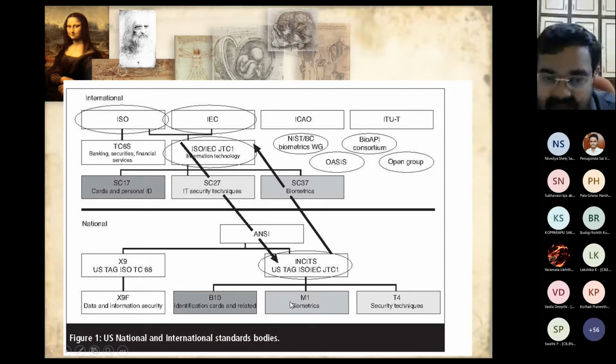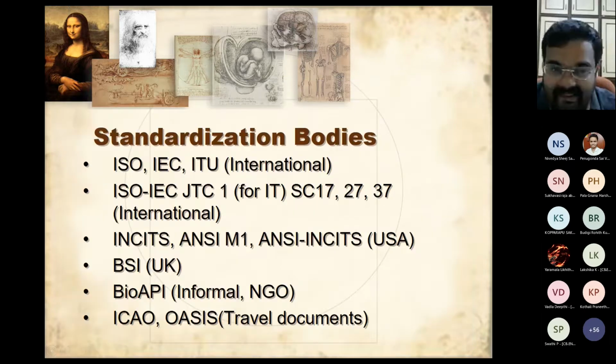You will find out that there are so many standards. Nowadays there is generally some sort of logic that you try to make them interoperable. NIST is a US based body. BioAPI is a private consortium. All of these people are putting their hands in the pie with respect to the biometric standards.